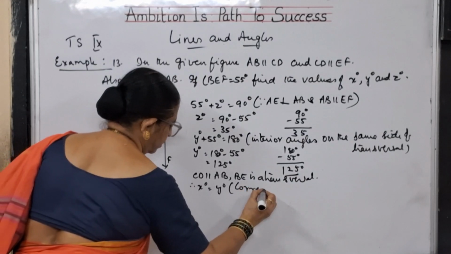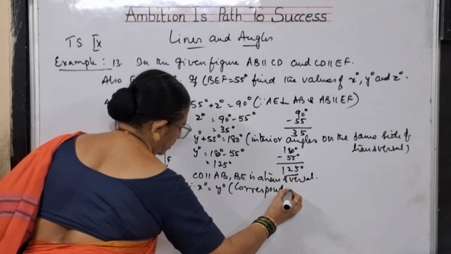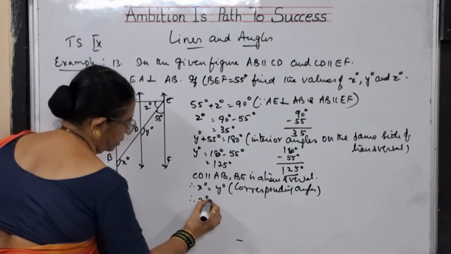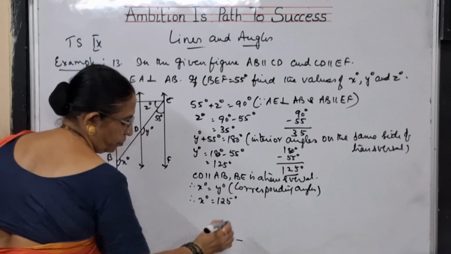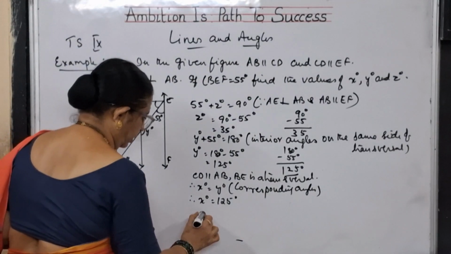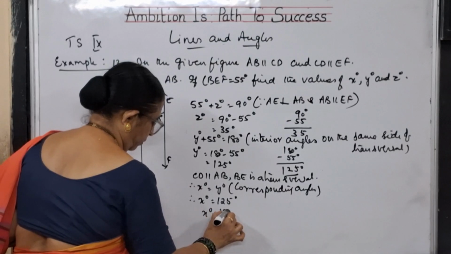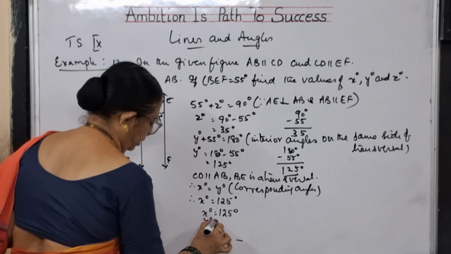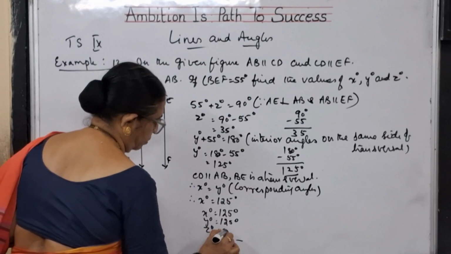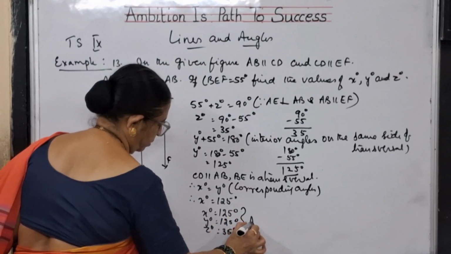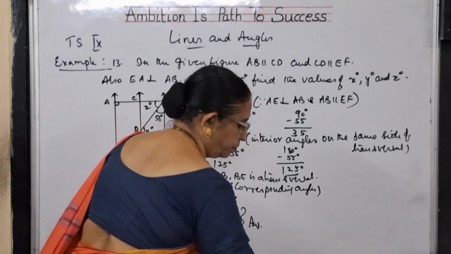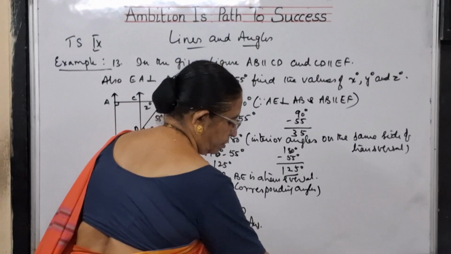They are corresponding angles. Therefore, x degrees is also equal to 125 degrees. So, on the whole, x degrees is 125 degrees, y degrees is 125 degrees, z degrees is 35 degrees. These are the answers, children, for this problem. Please copy it.